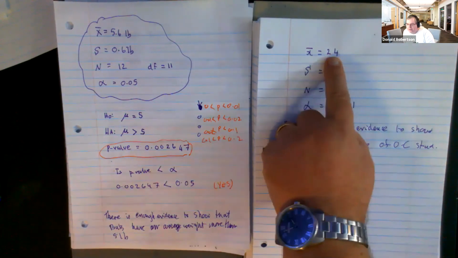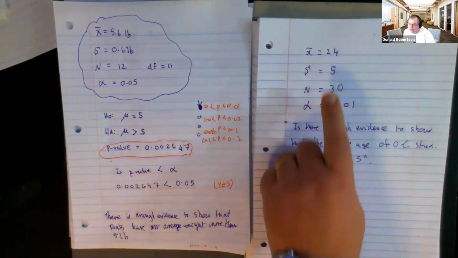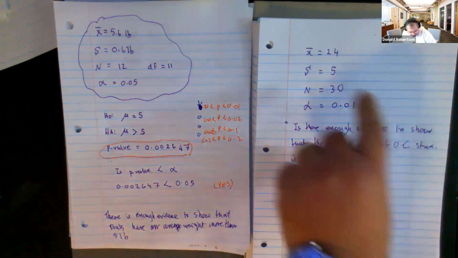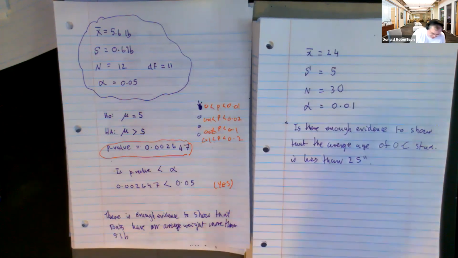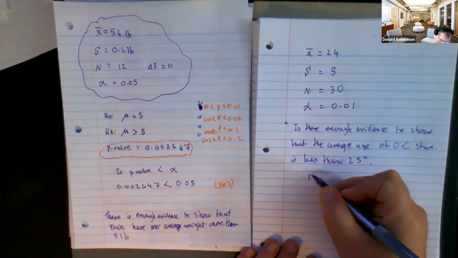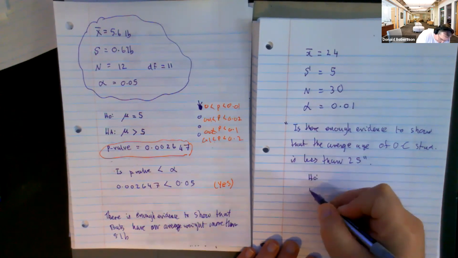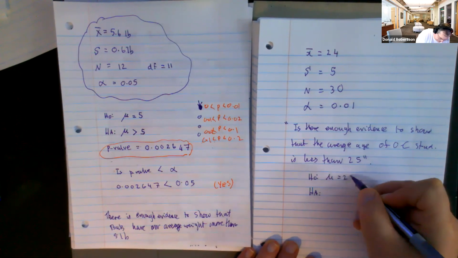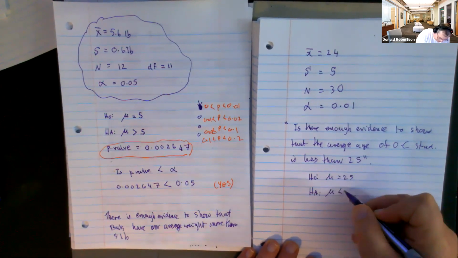Well, my sample is a clear indication that that may be true, but it's not statistically significant until we've done the process. So I'm going to use these numbers, and I forgot my little symbol. And less than 25, right?